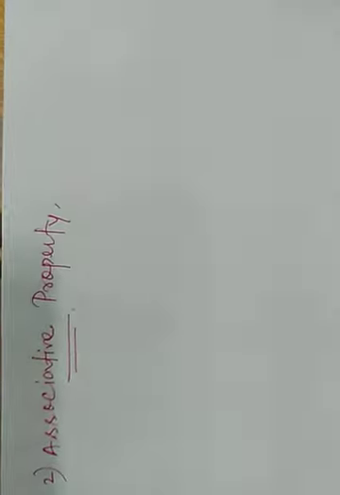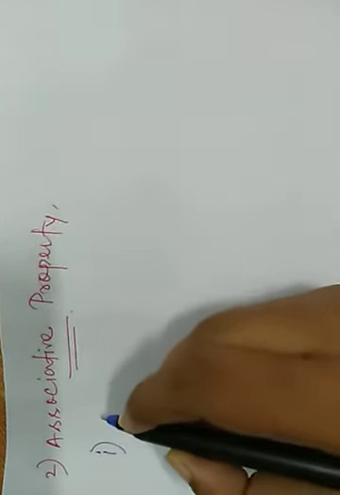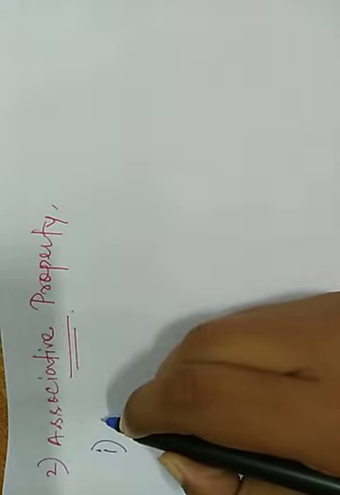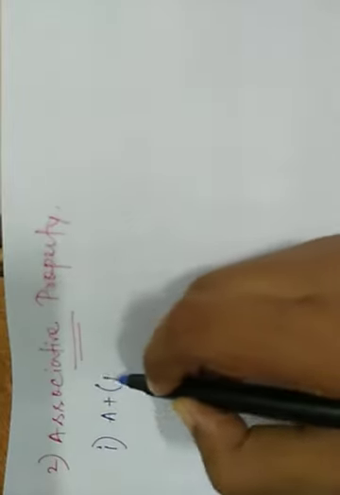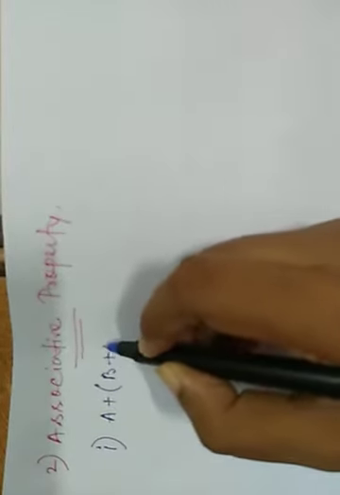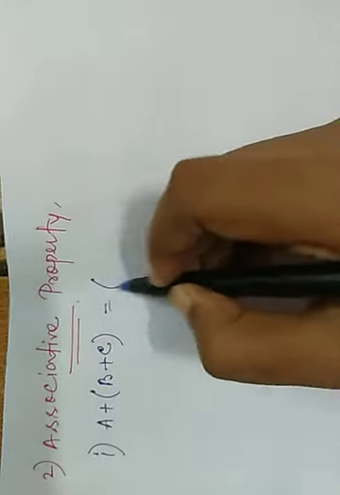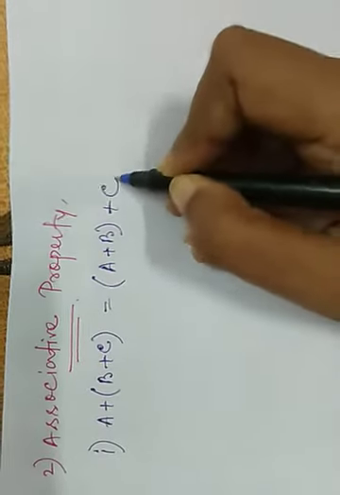For the associative property there are also two parts, one for addition or OR operations and another for AND operations. Our property is that if there are three variables, a plus (b plus c) equals (a plus b) plus c.